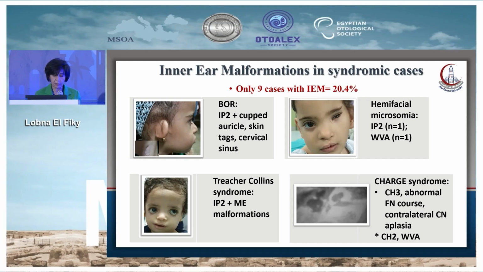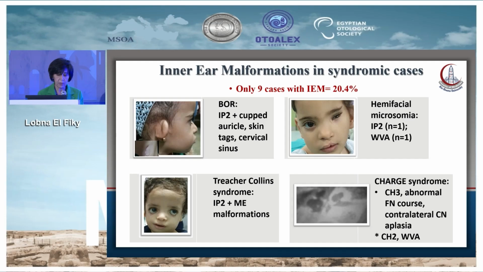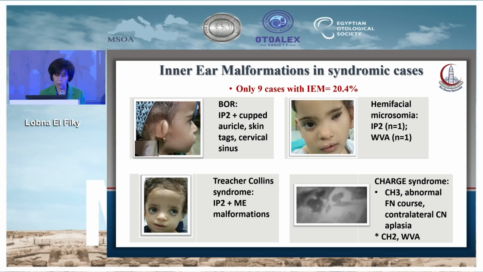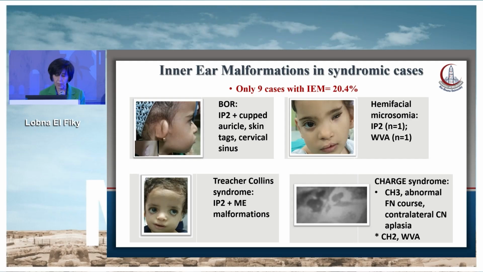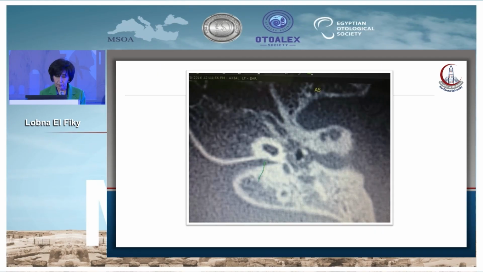Sometimes we had middle ear malformation in the rare Treacher-Collins syndrome, which presents not only with conductive, but basically with severe, profound hearing loss. The most severe syndrome is the CHARGE syndrome, and we have a case of extreme CHARGE syndrome with cochlear hypoplasia 2 and 3, and even on one side a total cochlear aplasia, which was much more surgically accessible, but having no nerve, of course, it contraindicates the implantation.